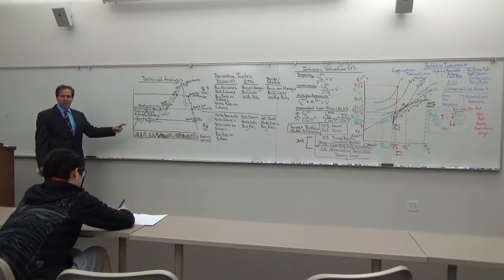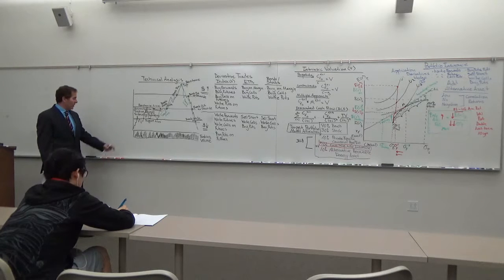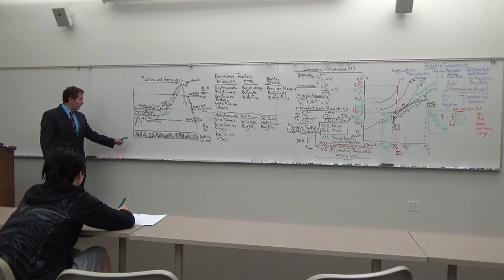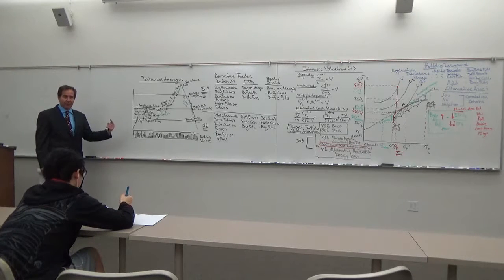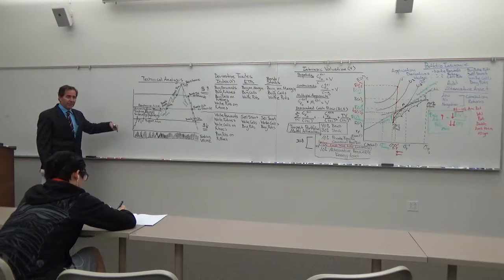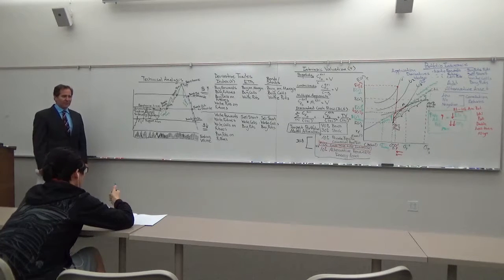Usually there's a positive correlation to when the stock prices go up, the volume goes up. When the stock prices go down, the volumes go up. So when stock prices are going up, people are buying the stock and bidding up the price. When the prices are going down, people are selling the stock, driving the prices down.